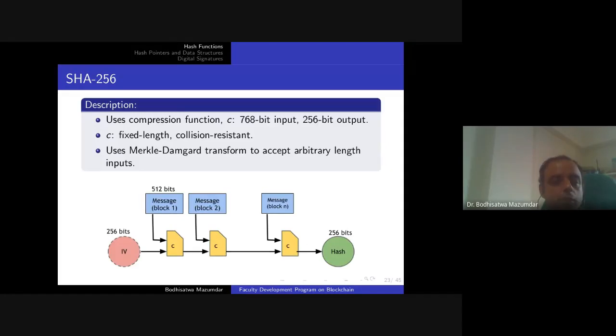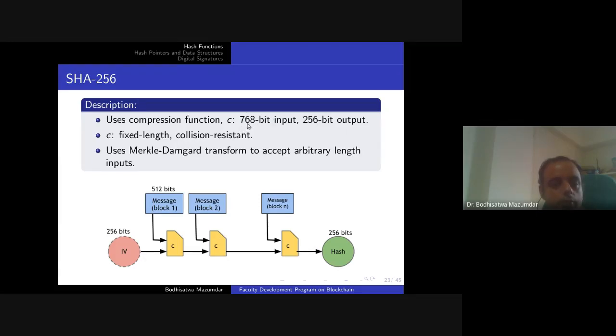Here we come to the hash function that is used in the conventional blockchain system, that is called SHA-256. It basically uses the compression function C. What does C take in? C takes in a 768-bit input and gives out a 256-bit output. So it basically compresses the data.